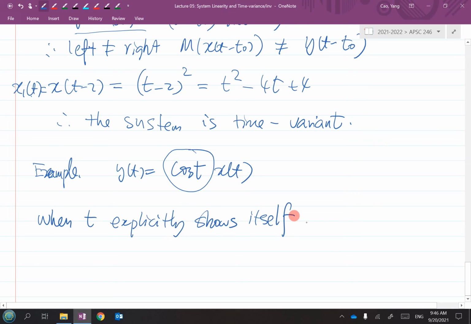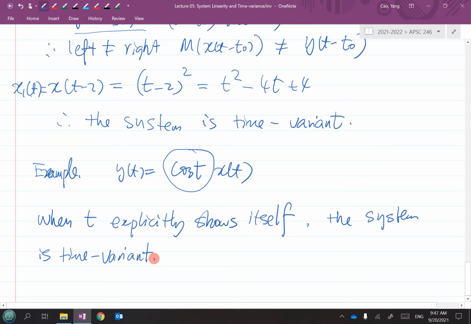And if that's the case, you can safely make a conclusion without even doing the checking. The system is actually time-variant. So that's usually the case.